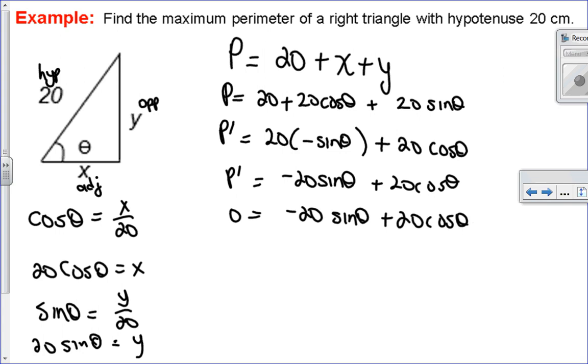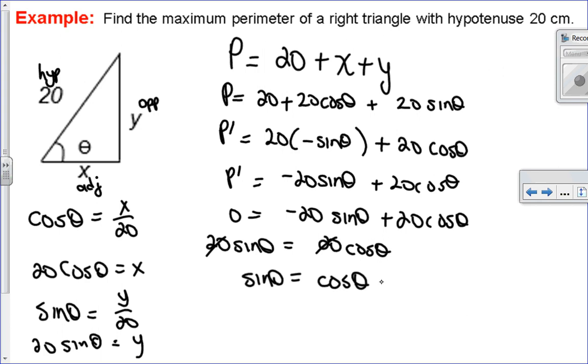Okay, so what I'm going to do is add 20 sine theta to both sides, and then divide both sides by 20. Now, you can't ever divide both sides of an equation by a variable. Although it looks tempting, I can't do that. So I just need to know my unit circle and know where sine and cosine have the same value.